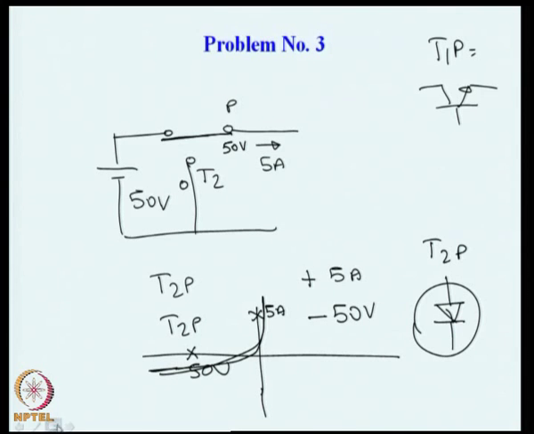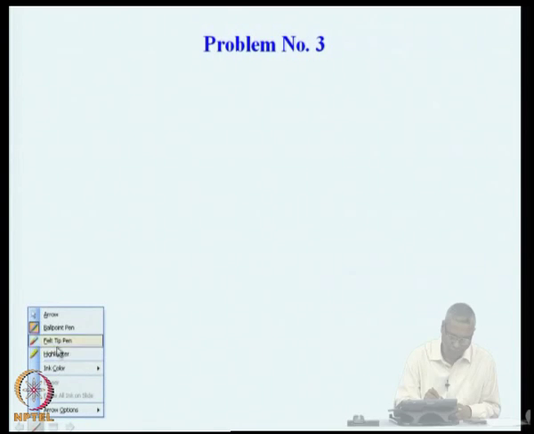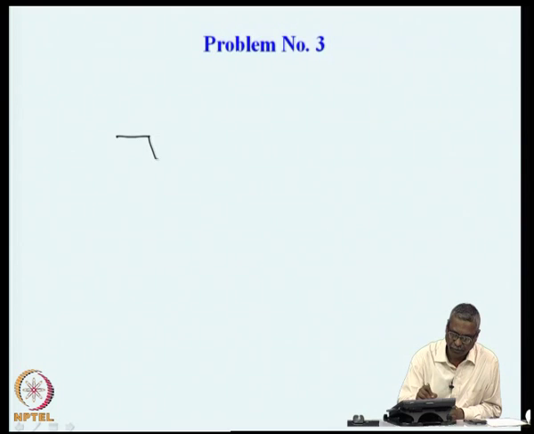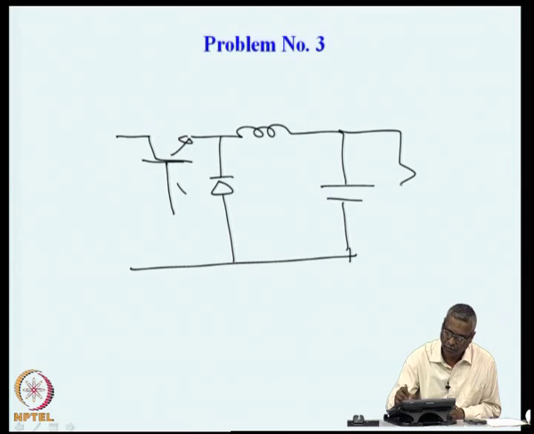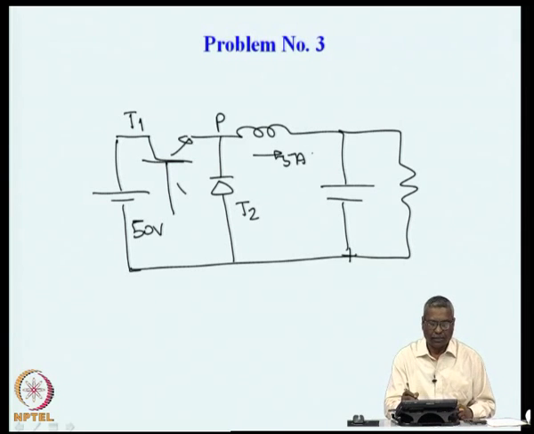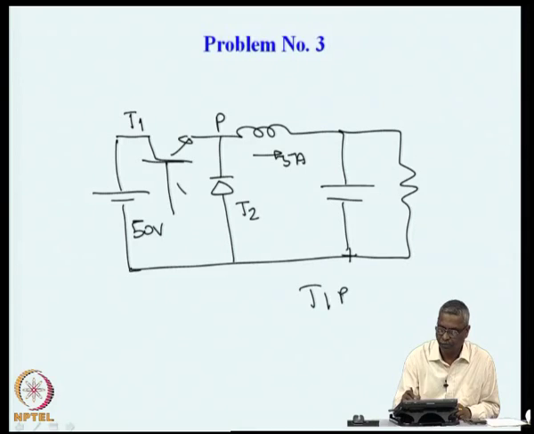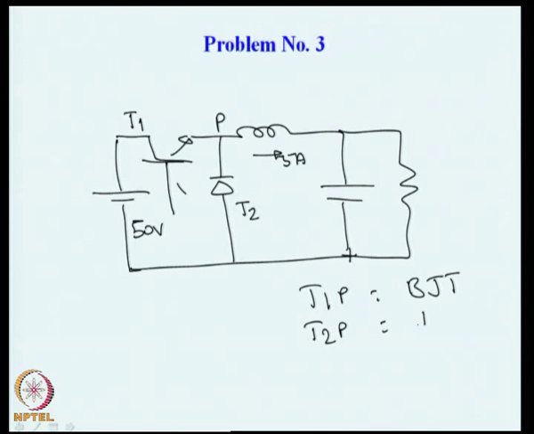So, if you now try to put it all together, you see that the switch T1P is realized by a BJT transistor and T2P is realized by a diode.